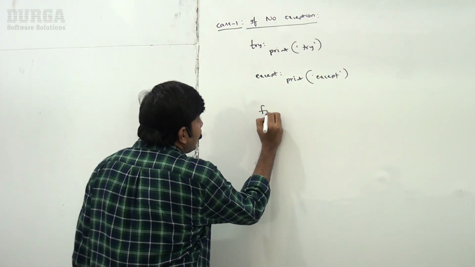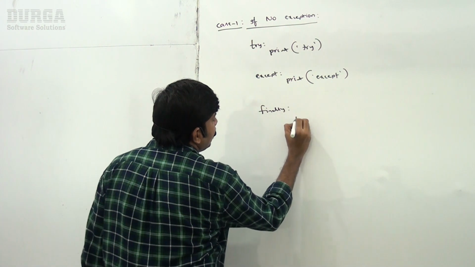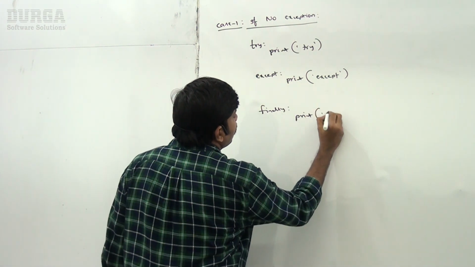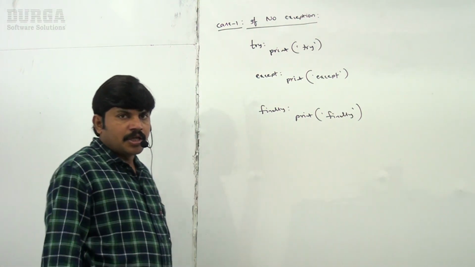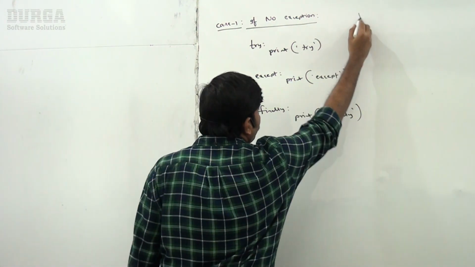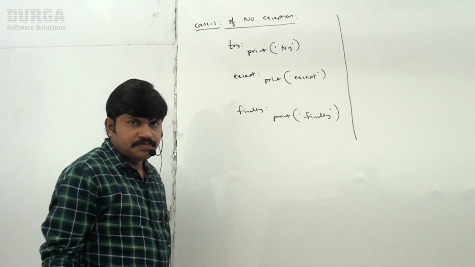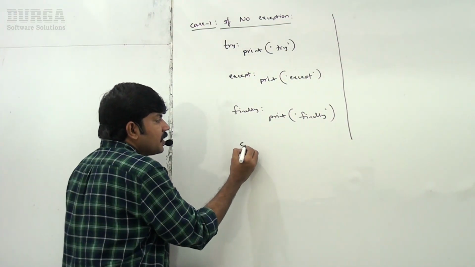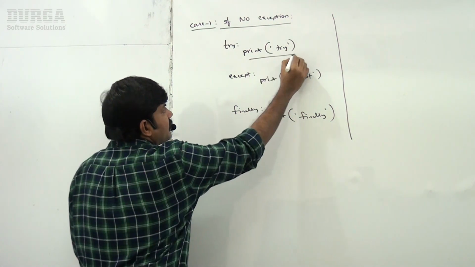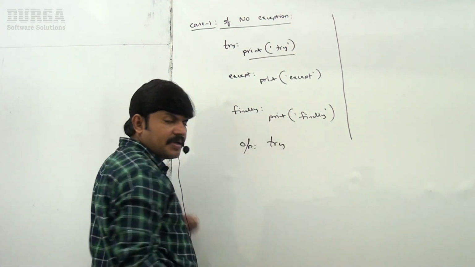Next, finally, print finally, like this I'm taking. Can you please tell what output we will get if I run this code? Yes, what is the output we are going to get? In this case, first try will be printed.